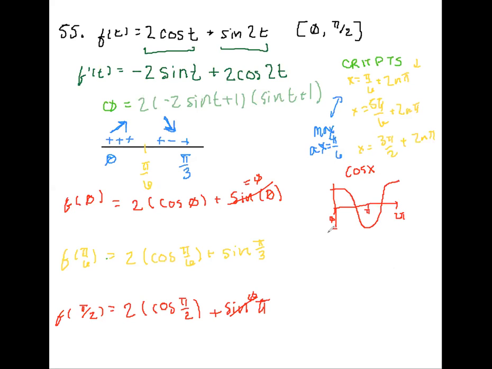So when x is equal to pi, then cos x is equal to -1. And that's how I read this graph, right? So when x is 0, cos of 0 is going to be 1.